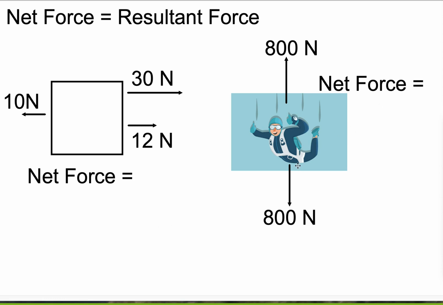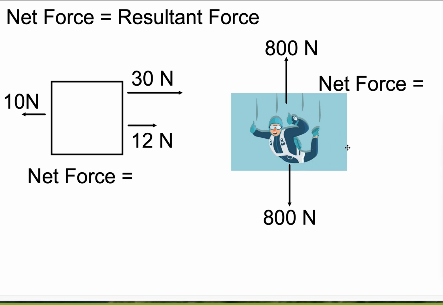We said here, for the skydiver, he's got 800 newtons of air resistance pushing him up, and 800 newtons for his weight pulling him down, so the net force would be zero. And in this case, a net force of zero just means he's not accelerating. It doesn't mean he stops.